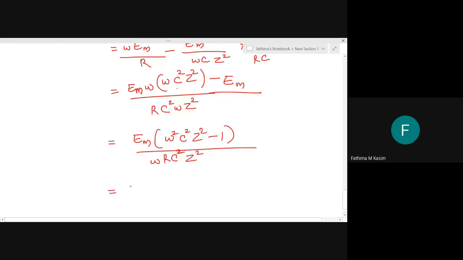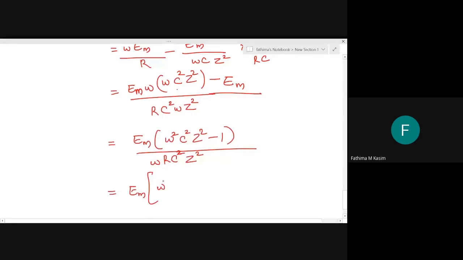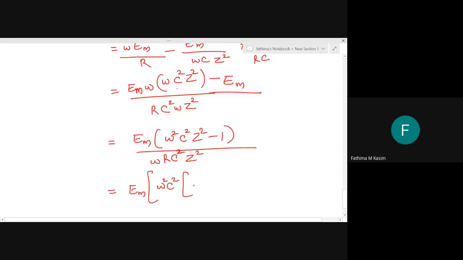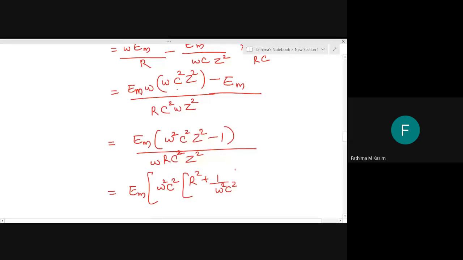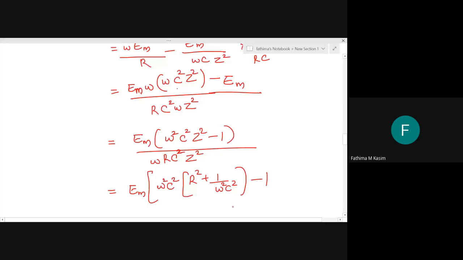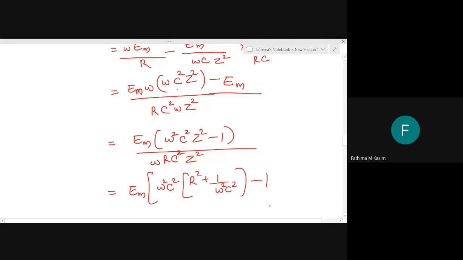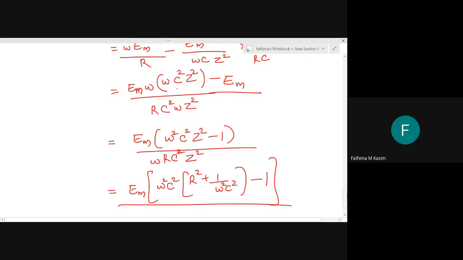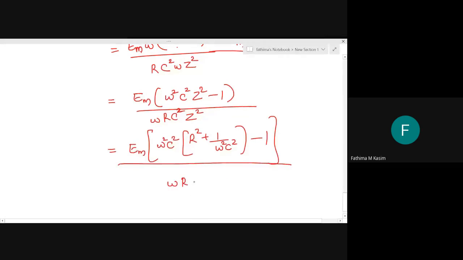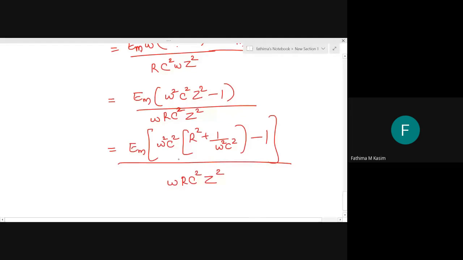So I have taken EM outside. Next, I'm going to take this omega square C square outside, so our expression becomes omega square C square into R square plus 1 by omega square C square minus 1, divided by omega R C square Z square.